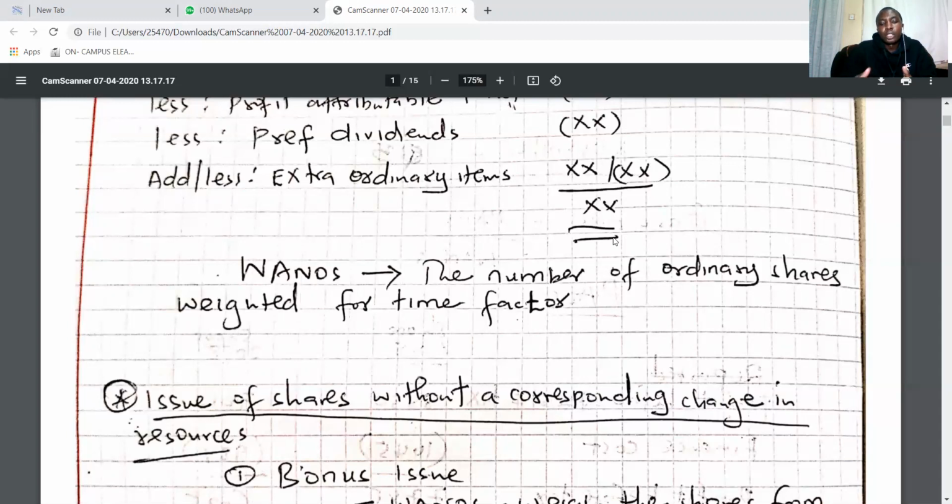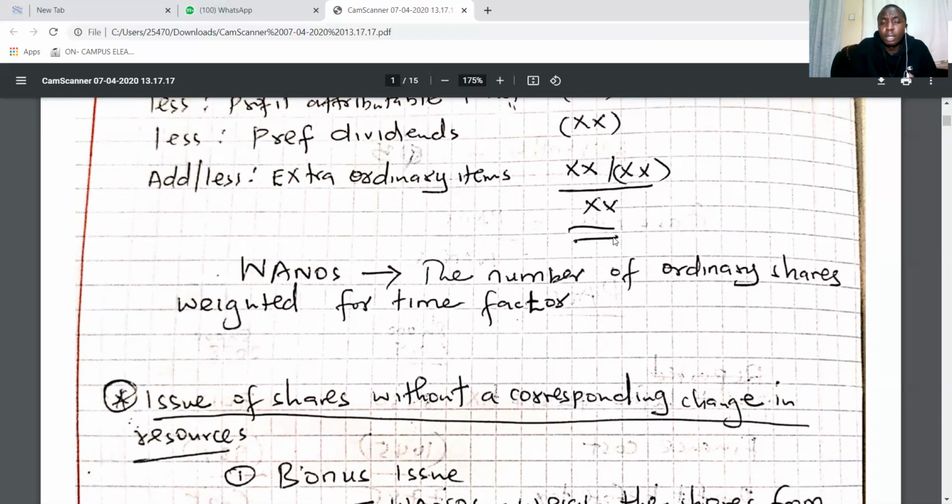Then the ones which were issued now in July, you consider from July to the end of the year. So let's say, for example, 6 months. So you take 50,000, that is the ordinary shares, you multiply with 6 months. It's from July to the end of the year. You add with your 200,000, because now 200,000 was outstanding for the entire period, 12 out of 12. That is the case you do.